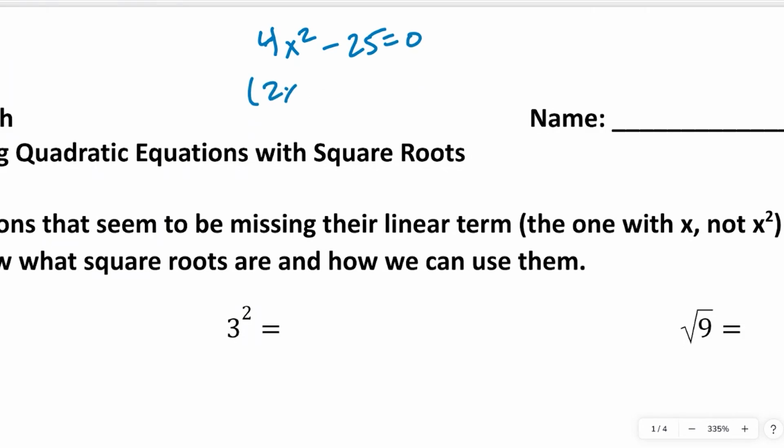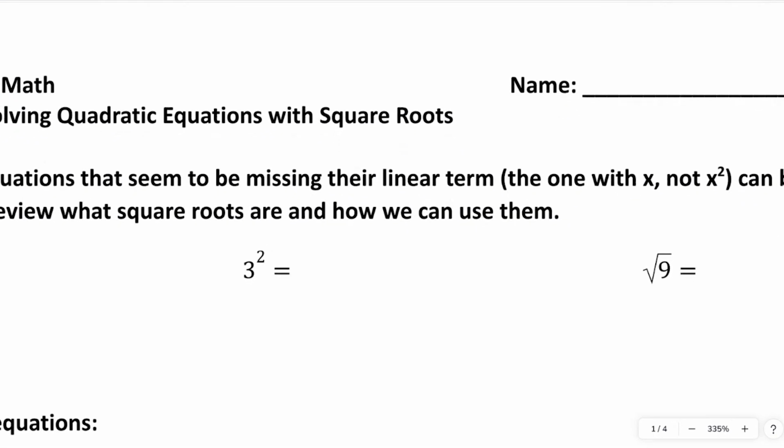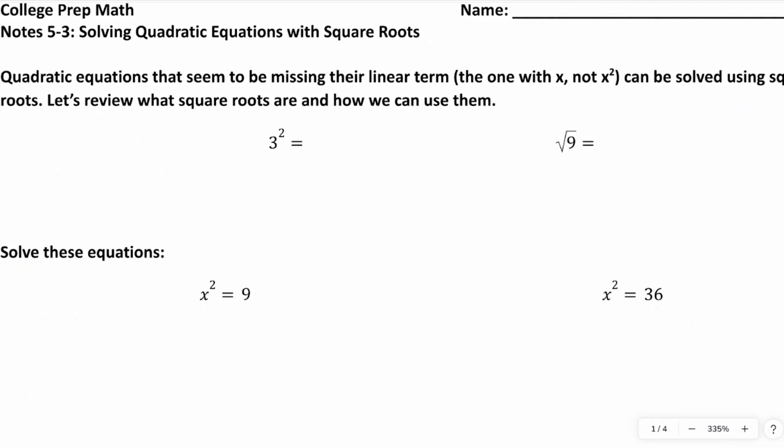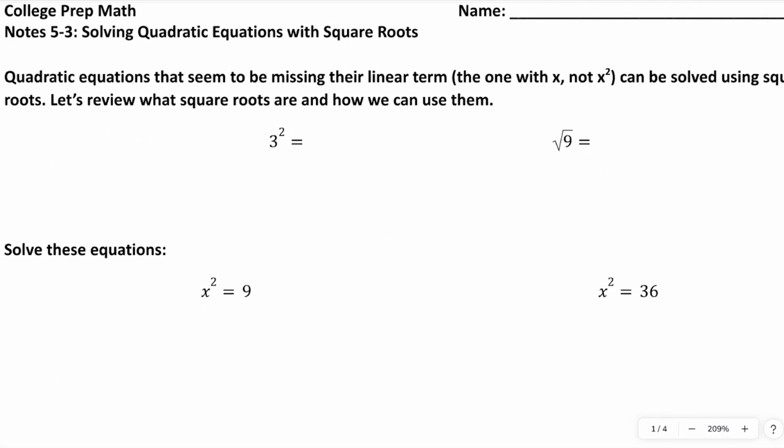You could factor this as 2x plus 5 and 2x minus 5 using that difference of two squares technique. But if those two terms are not perfect squares, then this is really not going to be an advisable way to solve this. And so I'm going to give you another method here for solving quadratics, but this is only going to work if you don't have a linear term. So you don't have like a 2x or something like that in the equation.